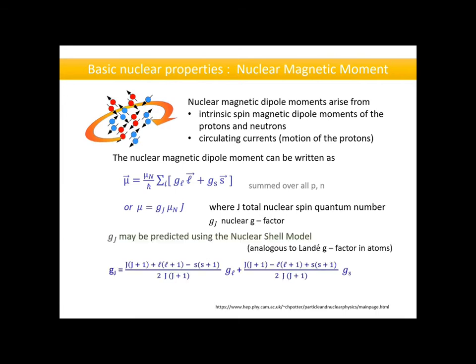The g factor may be predicted using the nuclear shell model, and it is analogous to the Landé g factor in atoms, which is given as this. Now all even nuclei have magnetic moment 0 since the total nuclear spin is 0.